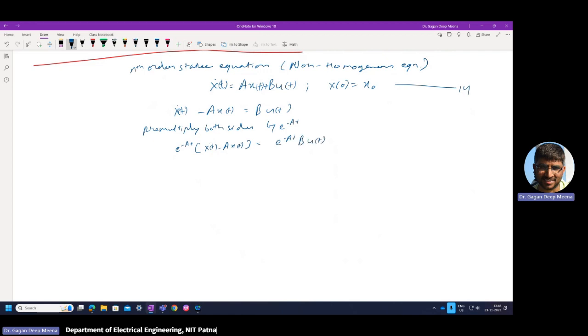This is what we get. We further simplify it: e to the power minus At x dot t minus e to the power minus At multiplied with A x t equals e to the power minus At multiplied with B u t.